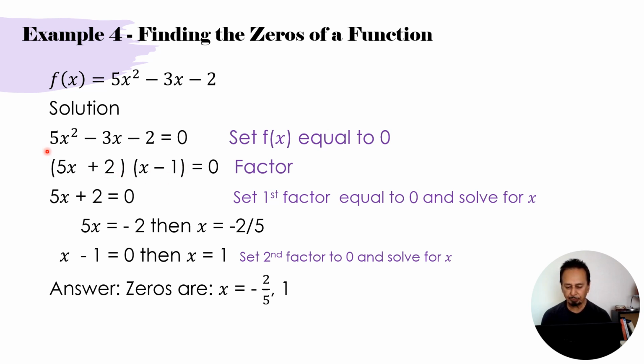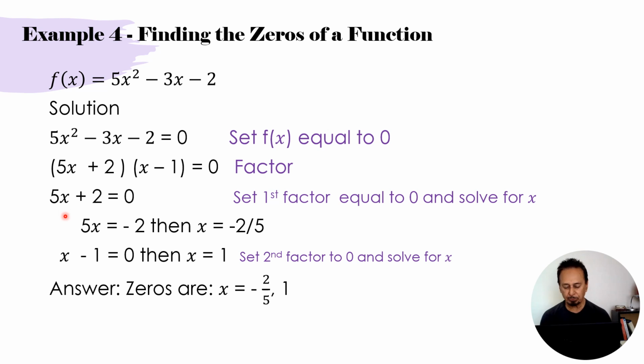And for 5x squared, the factors are 5x and x. Now we can check: 2 times x is 2x, 5x times negative 1 is negative 5x, and if we add negative 5x to 2x, it gives you negative 3x. While if we multiply 2 times negative 1, we get negative 2. So these are the correct factors.